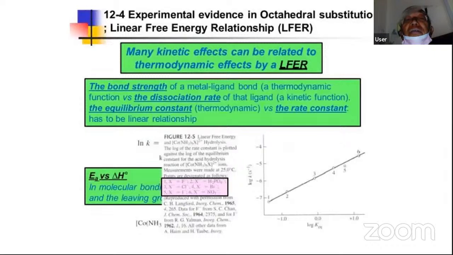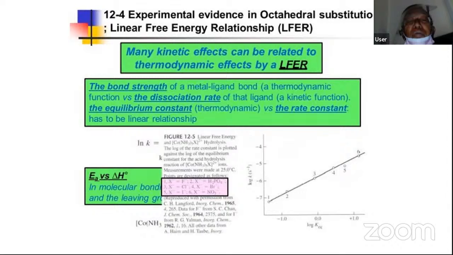So this slide shows you that from thermodynamic and kinetic data, you can calculate the activation energy, Ea. For those who study catalysis, activation energy is very important, and also the enthalpy.